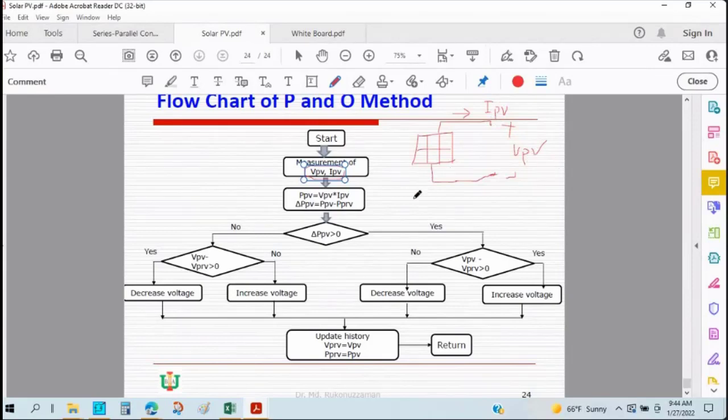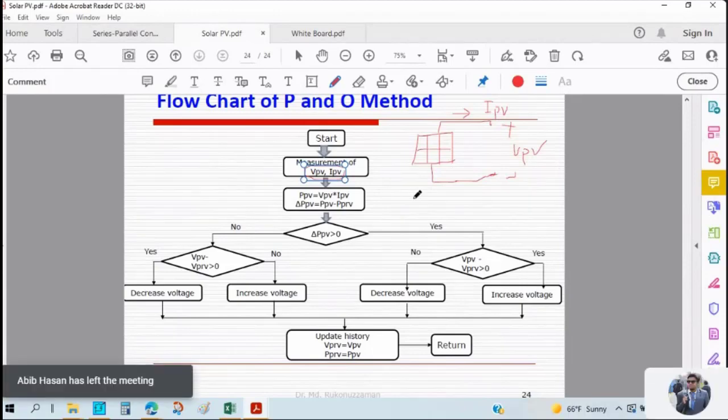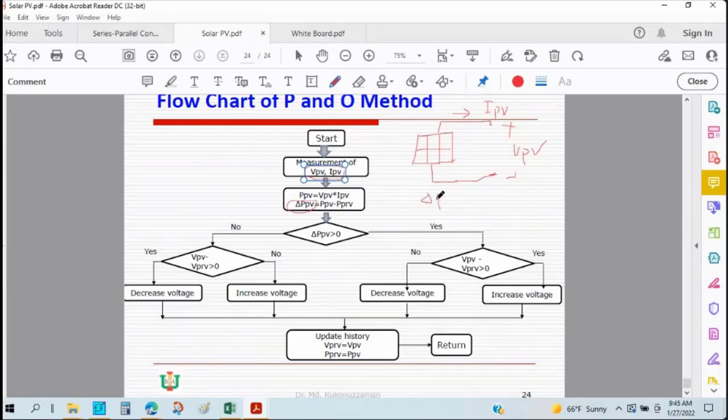We will check whether this power is higher than the previous power or not. Can you see the difference here, delta PV? It is the difference of power at this time and the previous time. So we will check whether the power is increasing or not.